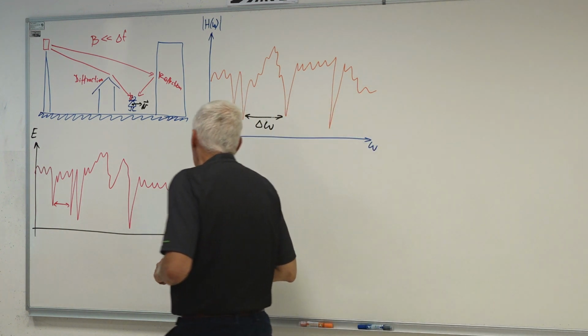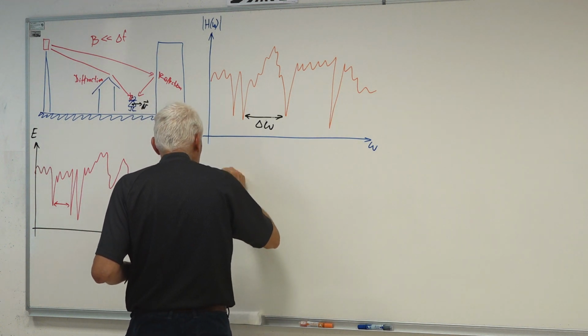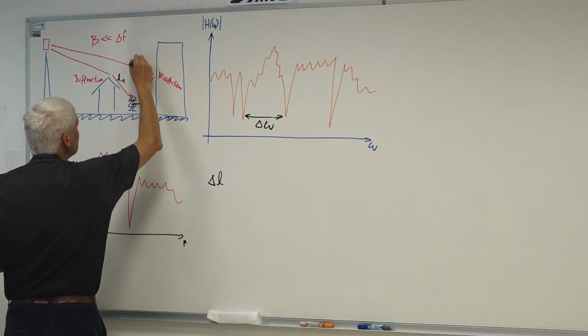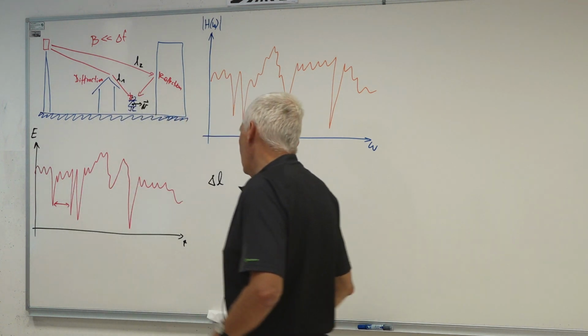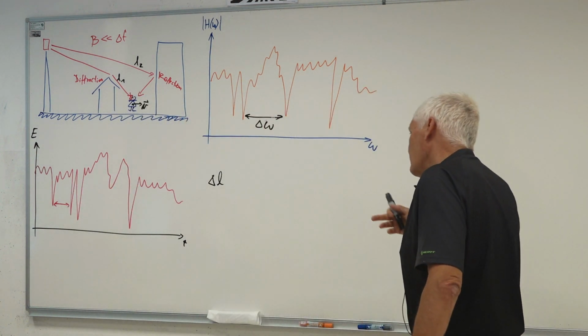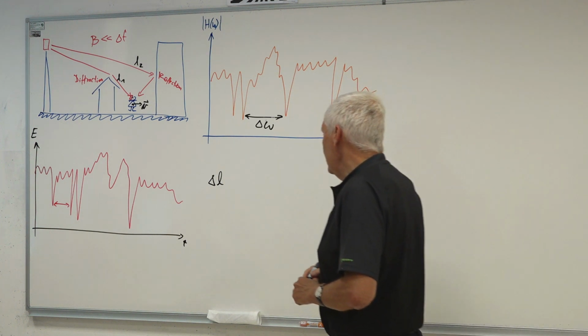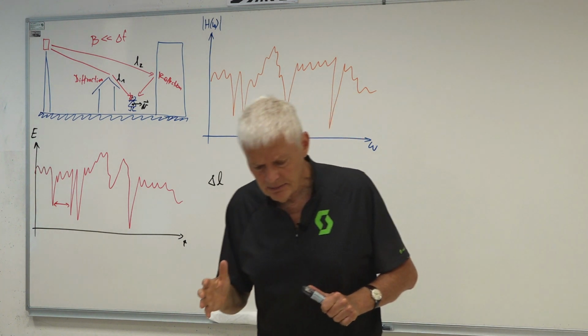In the urban environment, we have to talk about the difference in length, because this ray has maybe L1, this has L2. What is the approximate difference in the length of the rays going from the transmitter to the receiver inside our link? And this was measured in practice for all known systems.